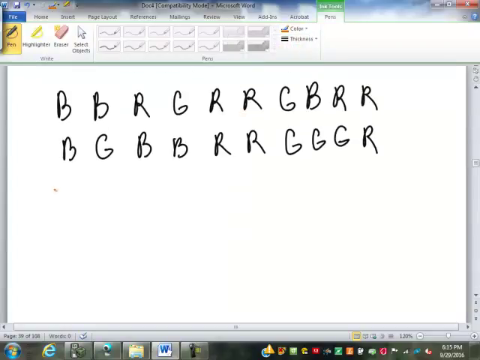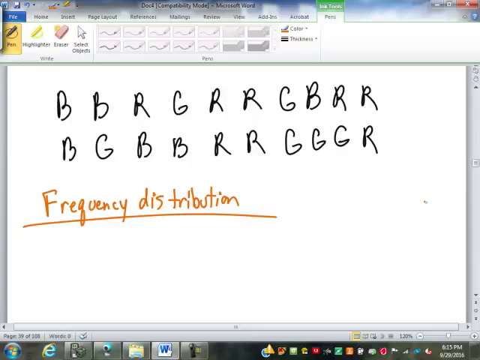The first tool that we use is something called a frequency distribution. What a frequency distribution does is it lists, for categorical data or qualitative data, our different possible responses, or all the responses that we got.